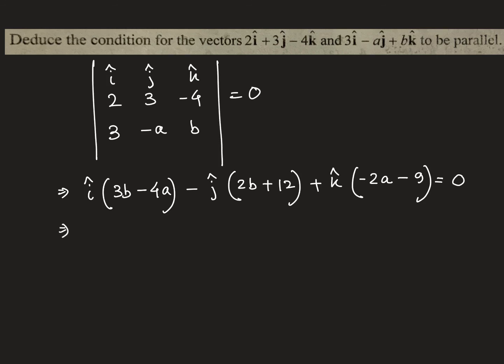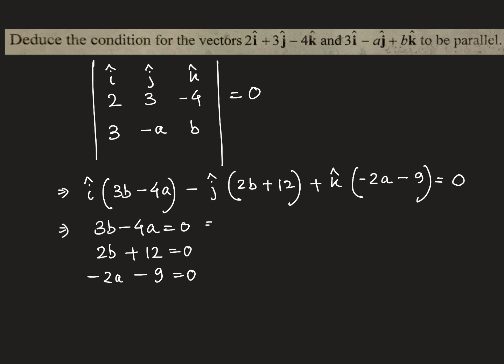Okay, so see, that means now each component is equal to 0. If you have a null vector, each component is equal to 0. That means 3b minus 4a equal to 0, and 2b plus 12 equal to 0, and minus 2a minus 9 is equal to 0.